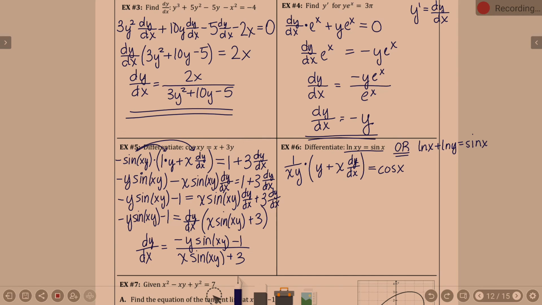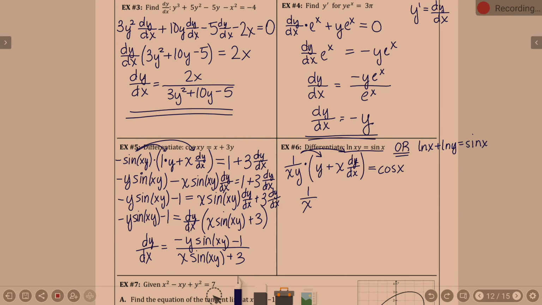Probably your best option is to distribute. 1 over xy times y, y over xy, which becomes 1 over x.